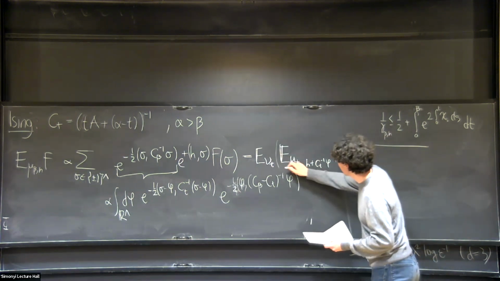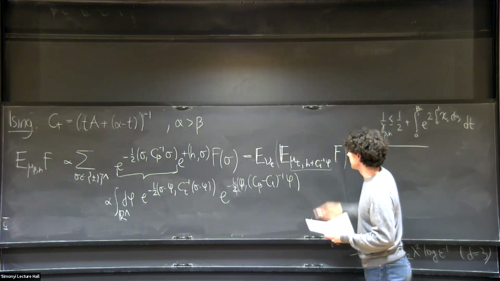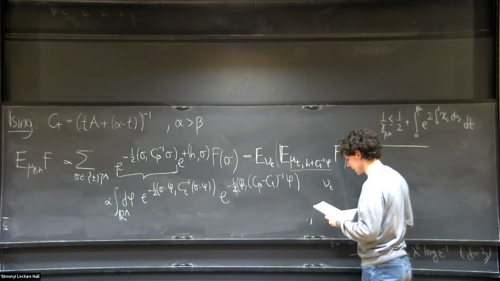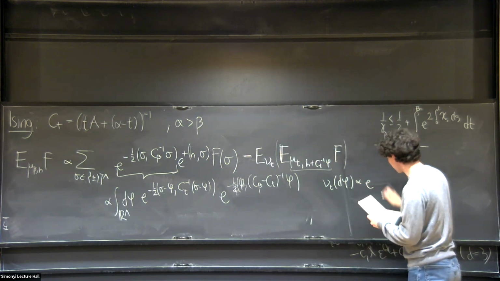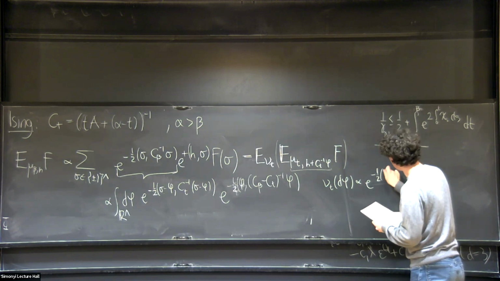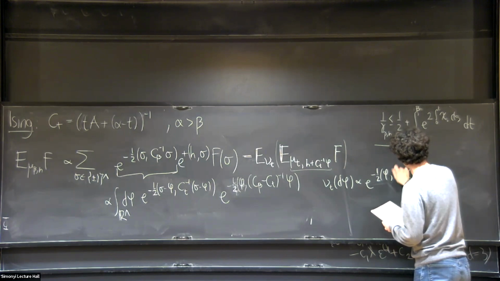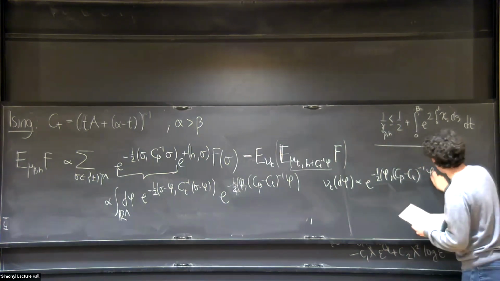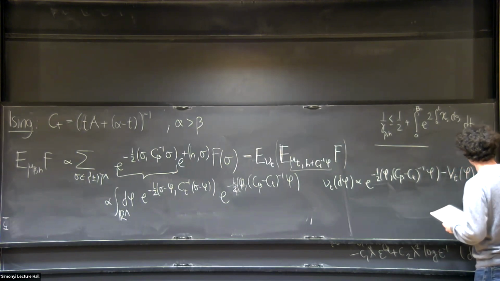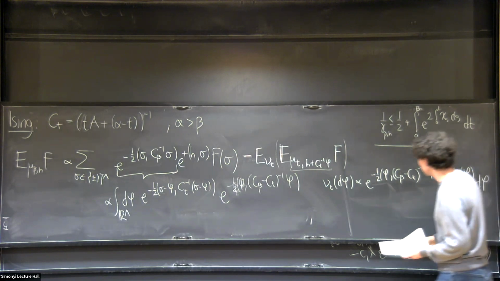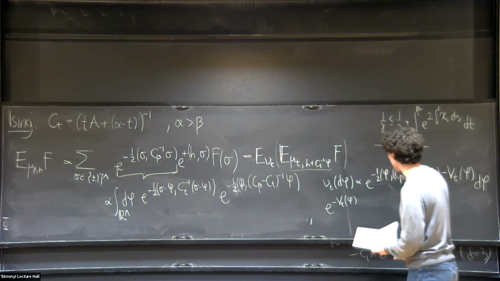So explicitly, this one is the same as the Ising measure before, except with different arguments, and nu t is a measure on phi with density e to the -1/2 phi (C_beta minus C_T) inverse phi minus V_t of phi, where V_t is the renormalized potential, and it's given by convolving.